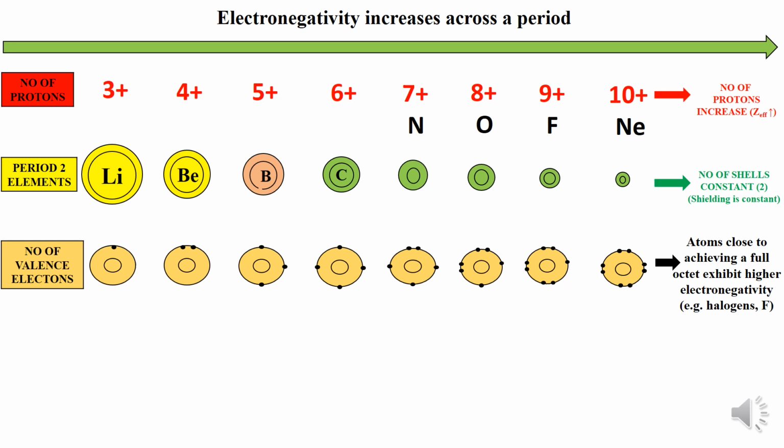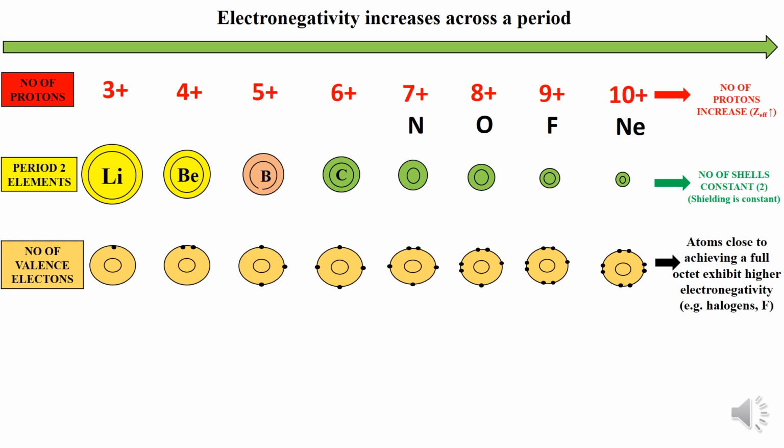And that is why, specifically talking about a fluorine atom, it needs just 1 electron to achieve the full octet. And therefore, it exhibits higher electronegativity with a value of 4 on the Pauling scale. So atoms close to achieving a full octet will exhibit higher electronegativity.